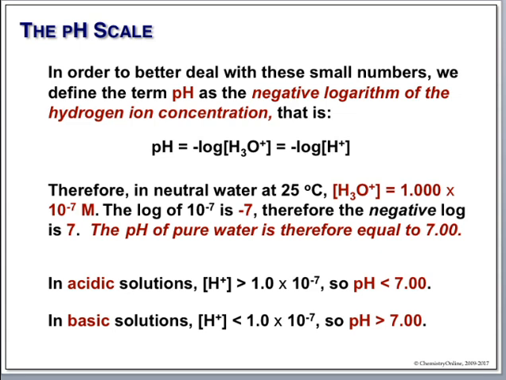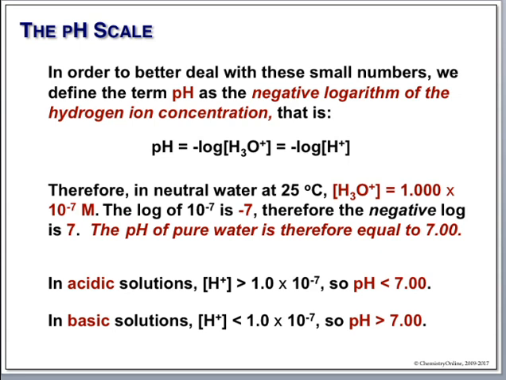Can you show that again? How do you figure out the log? We're going to actually do a log calculation in just a second. It's 1 times 10 to the negative 7 power. Right. Take your calculator. Type in 1 times 10 to the minus 7. Hit the log button. It should give you minus 7.